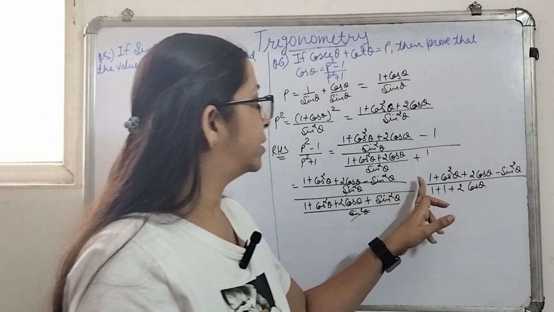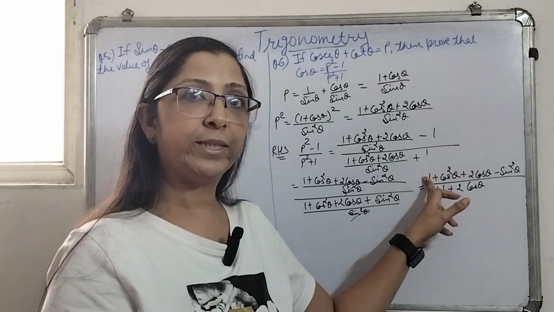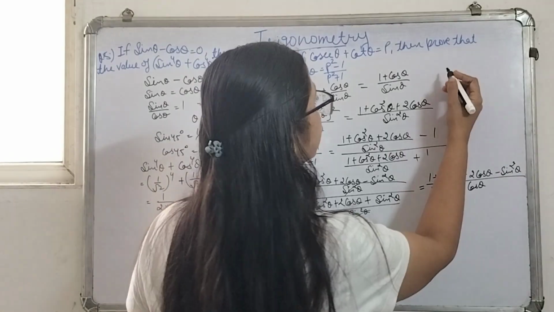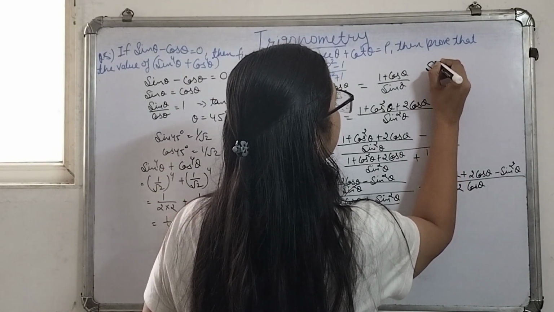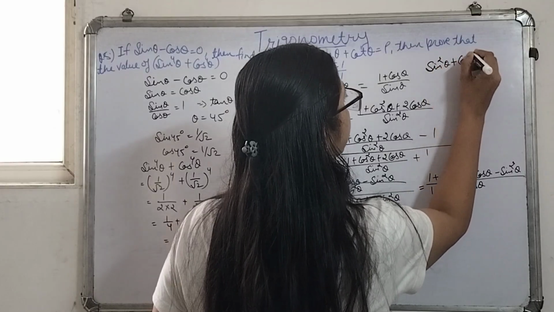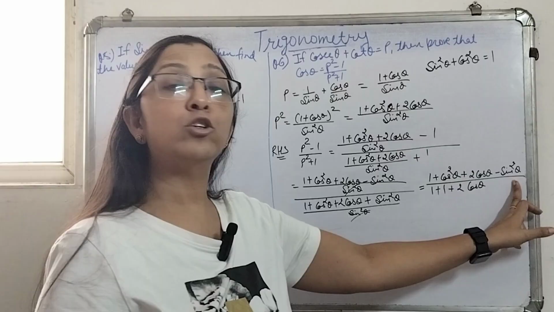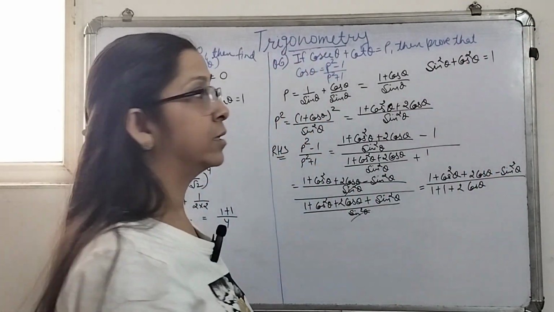Now see here that 1 could be written as sin square theta plus cos square theta, right? Or we can use the identity that sin square theta plus cos square theta is equivalent to 1. So sin square theta could be written as 1 minus cos square theta.